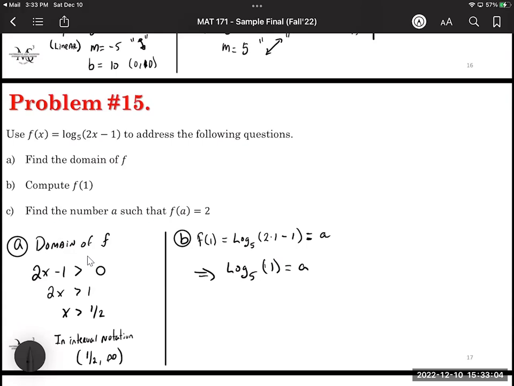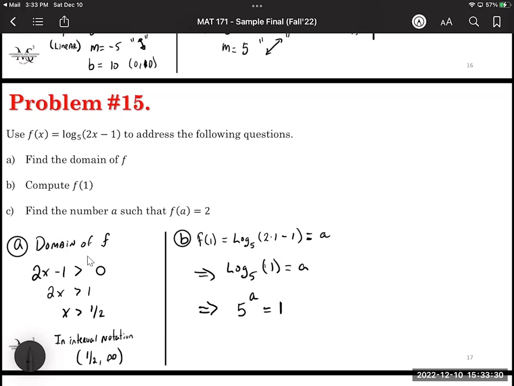Now, if you want to solve this logarithmic equation, you can convert logs into exponential form. My base is going to be 5. My exponent is actually A, right? A logarithm is an exponent. So you can say 5 raised to the power of A is equal to 1.